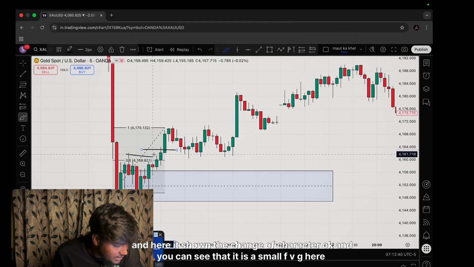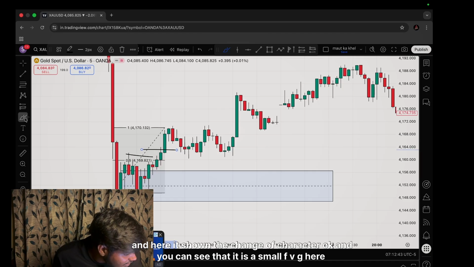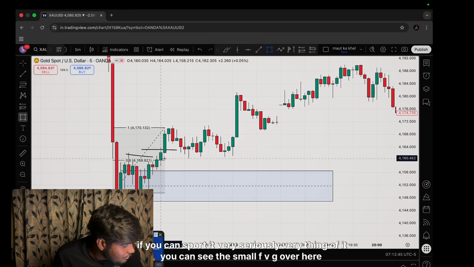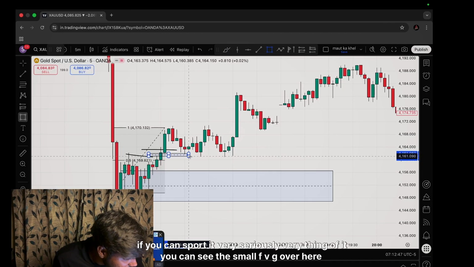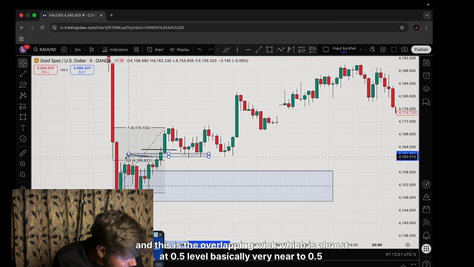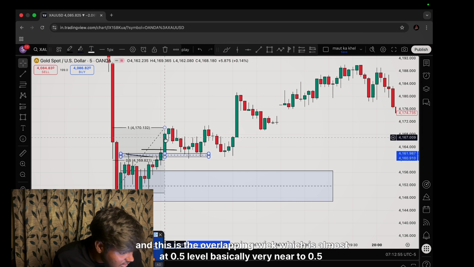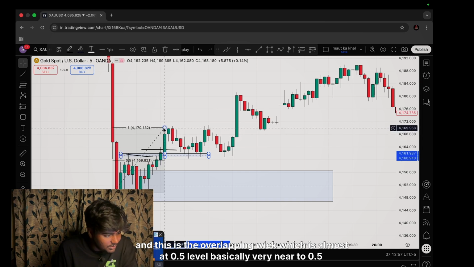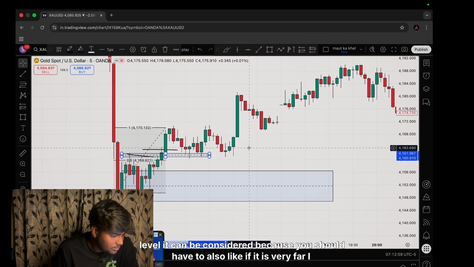Okay, and you can see that there is a small FVG here. If you spot it carefully, you can see the small FVG over here, and this is the overlapping wick, which is almost at the 0.5 level, basically very near to the 0.5 level.